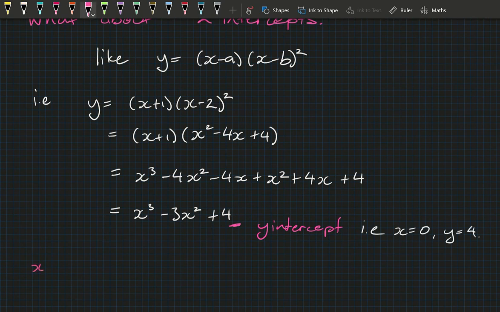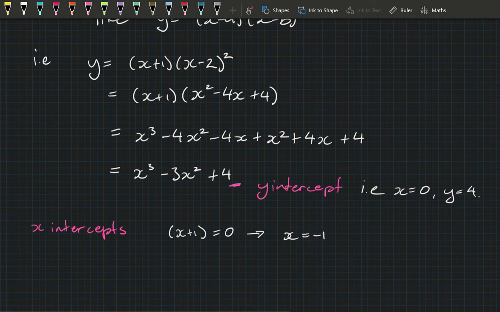And to find the x-intercepts, x plus 1 equals 0 means that x equals minus 1. And x minus 2 equals 0 means x must equal 2. It doesn't matter that it's in a square, it's just 0 then. So we need 4 points for a cubic, so I need to make up another one.